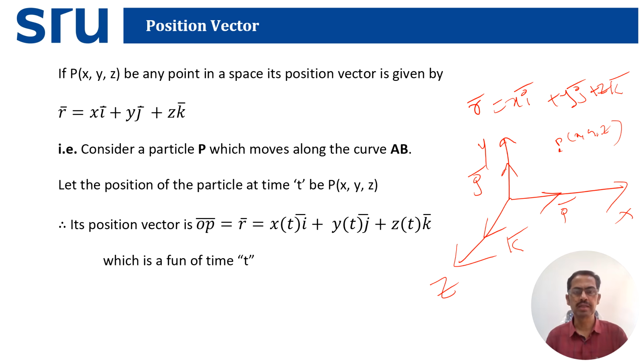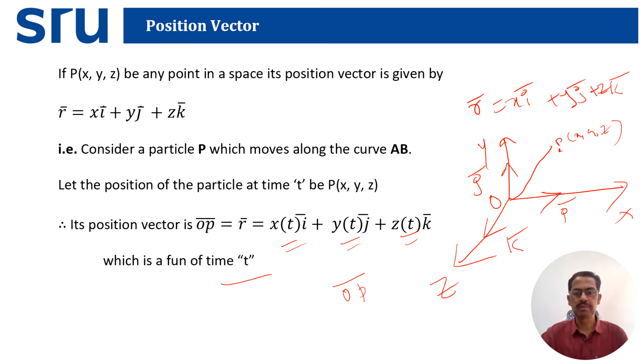Moving along the curve AB, let the position of the particle at time t be P(x, y, z). Its position vector is OP bar, where this is O and this is P. Vectors are denoted by a bar; scalars simply have no bar. So R bar equals x(t) i bar plus y(t) j bar plus z(t) k bar, which is a function of time: x is a function of time, y is a function of time, z is a function of time.